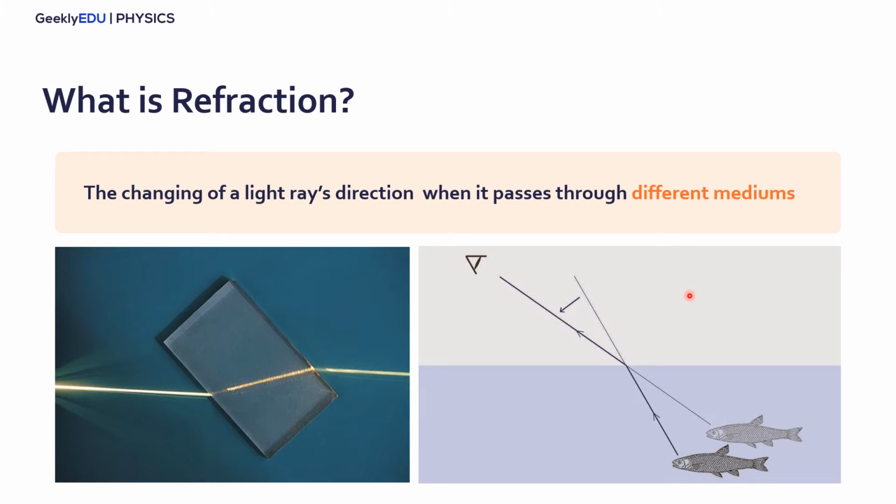Another example is if someone's watching a fish in a tank, you're seeing the refraction of the light. The light is actually passing from water to air, so it's changing direction. You think you're seeing the fish here, but it's actually a little bit down.